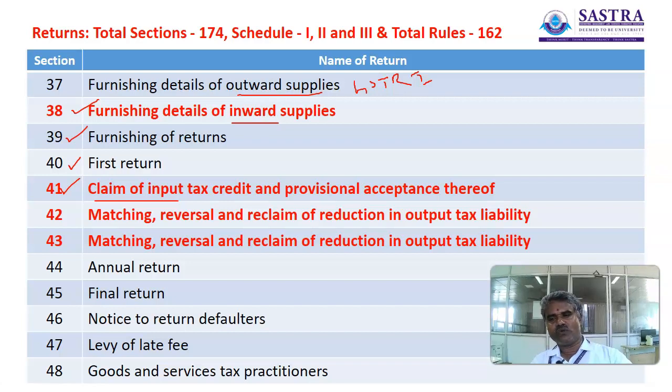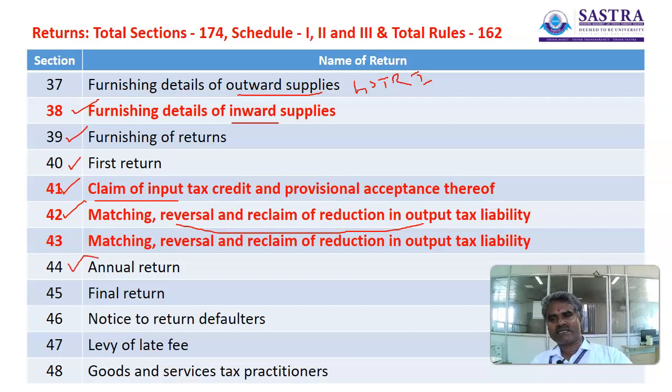Then section 42 is matching, reversal and reclaim of reduction in output tax liability. If anything is possible, here you have to discuss the matching, reversal, reclaim of reduction in output tax liability.